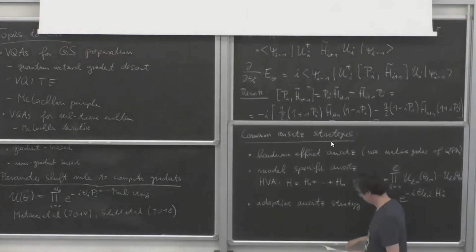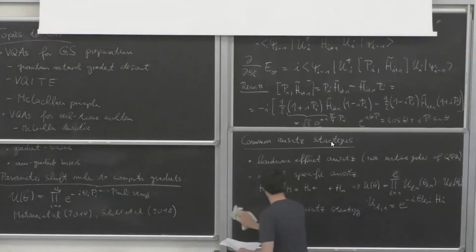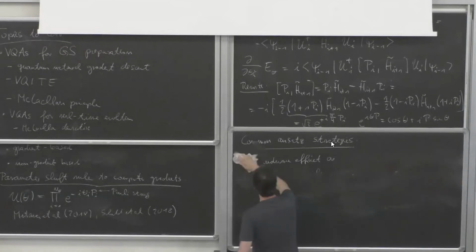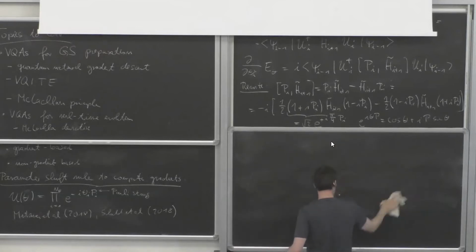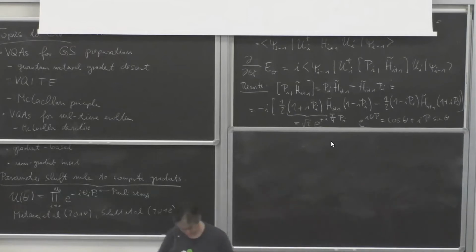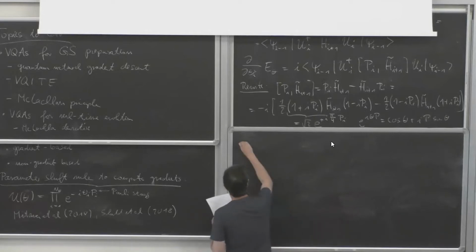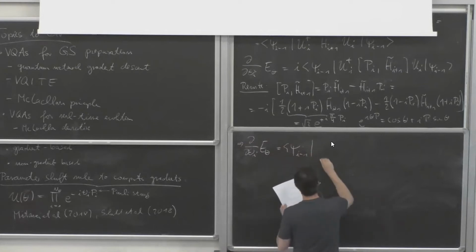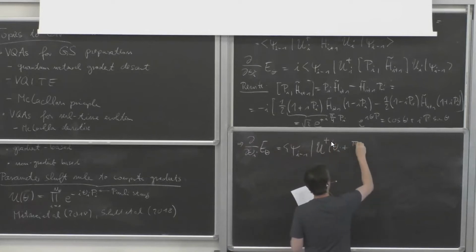Okay, so let me show it explicitly. Here, so. This is dagger, pi over 4.